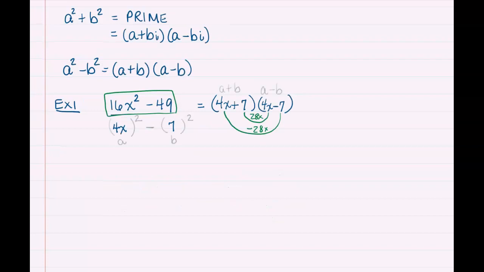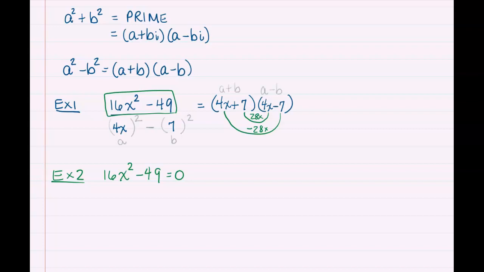The other thing we're going to do is talk about what if we're going to solve. So let's say we have example number 2 that says 16x squared minus 49 is equal to 0. So notice we have the exact same thing that we have up here in example number 1, except this one is set equal to 0.